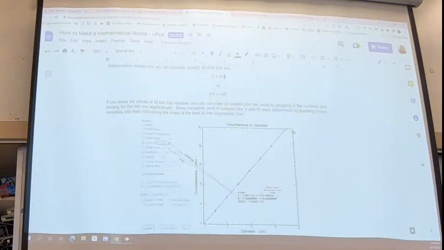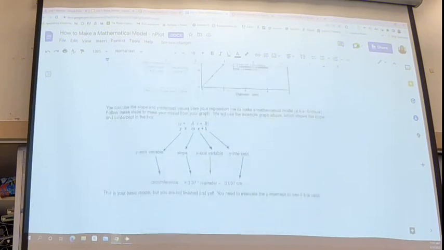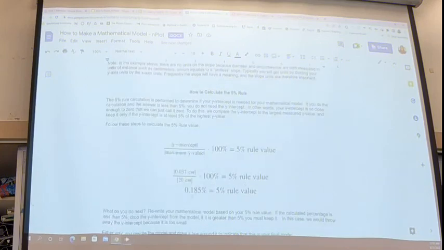My maximum circumference here is 20. This is my last data point. So if I compare 0.037 centimeters compared to 20, do you think that's going to be significant, that tiny decimal? Probably not, but we still have to check.